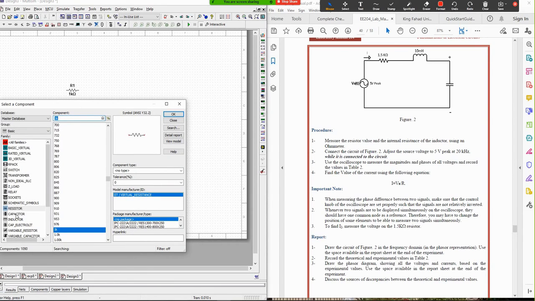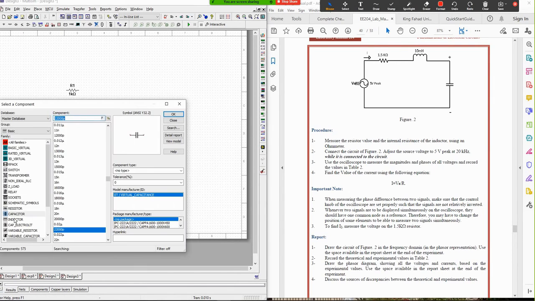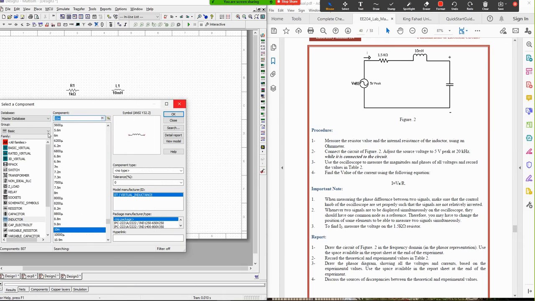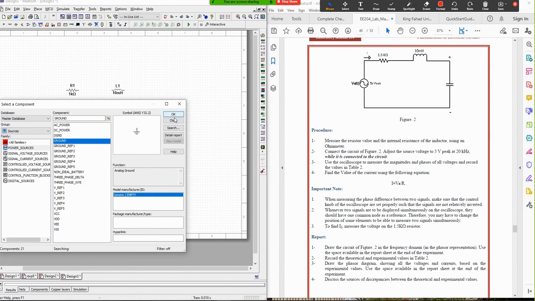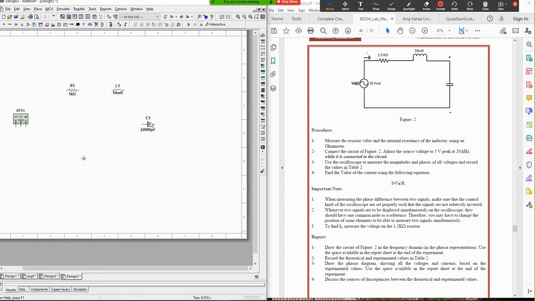We need the capacitor, and we need the inductor. So we need also the ground from source. So now all our components are complete.